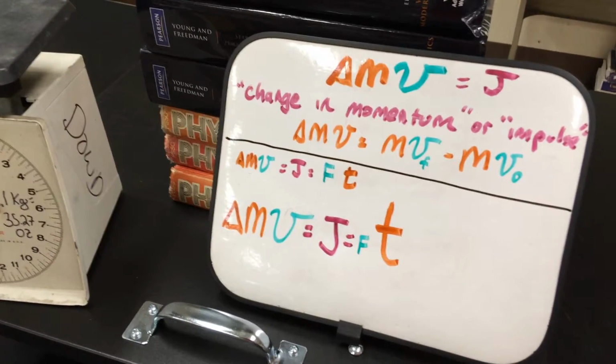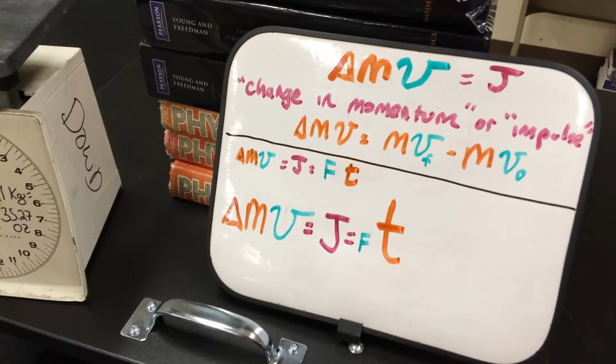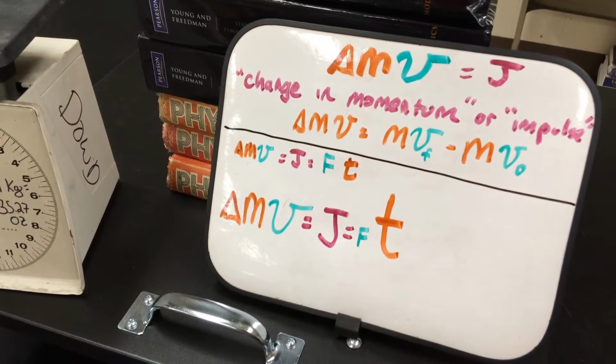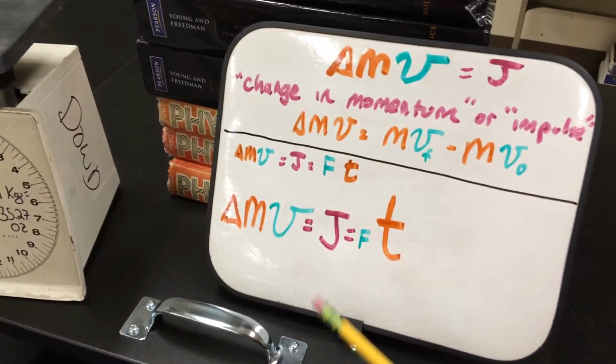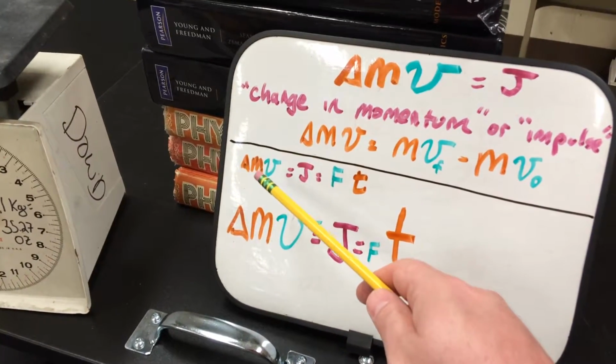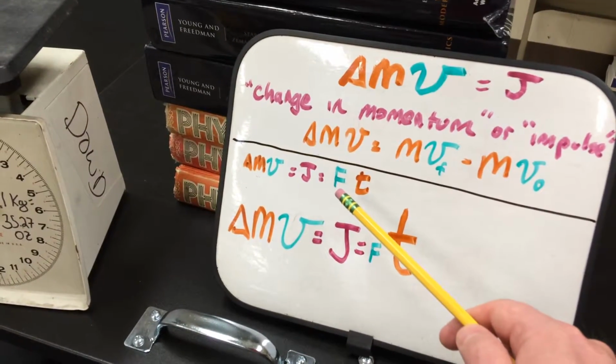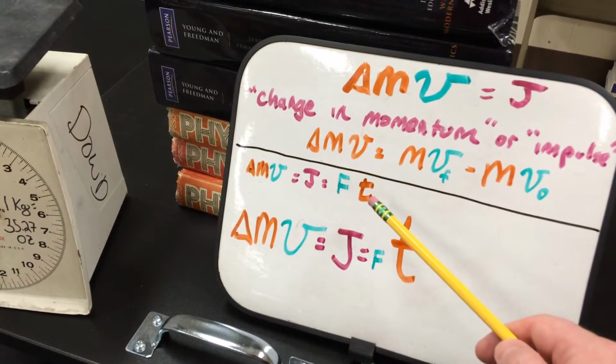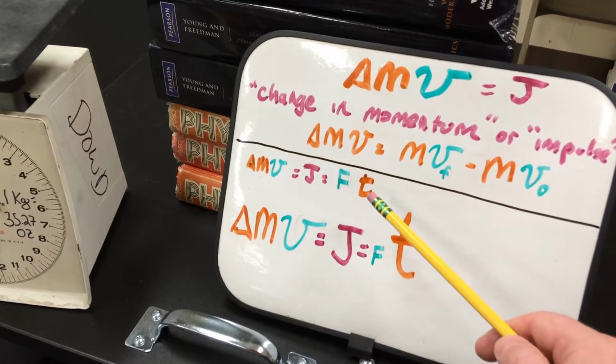As you could see, I gave the cart various different impulses. At first, I gave the cart a very small impulse because I pushed with the small force of about 2 pounds for a very short time, a 2 count.